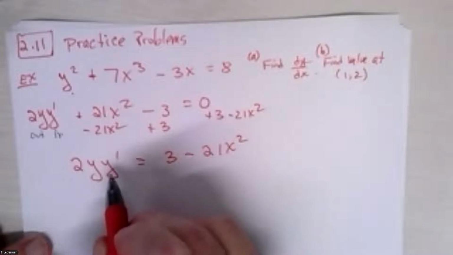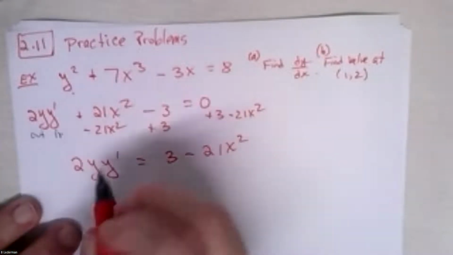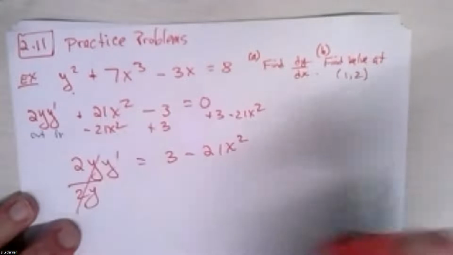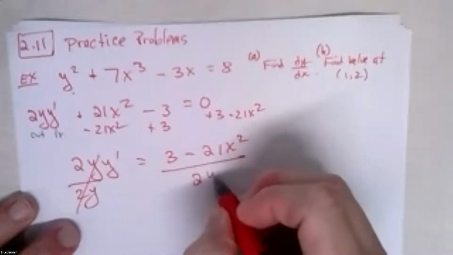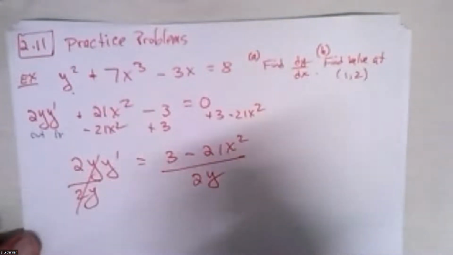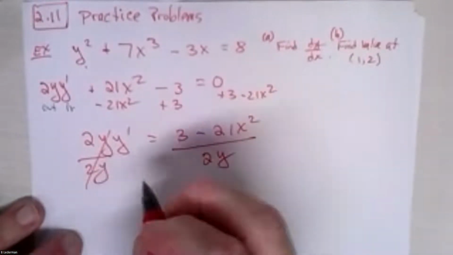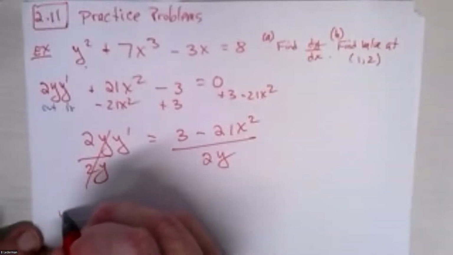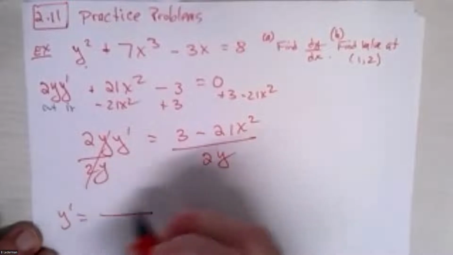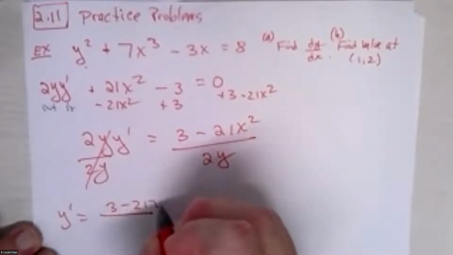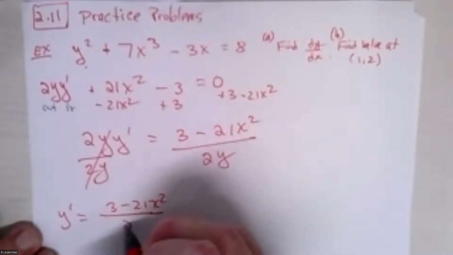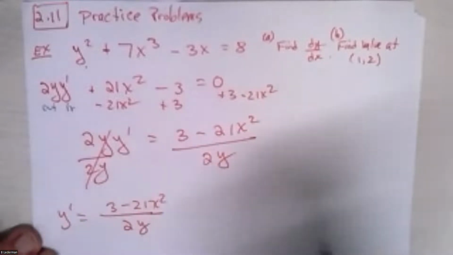But all I want is y prime, so I'm going to divide both sides by 2y. And there's my answer: y prime equals (3 minus 21x squared) over 2y. And that's part A.